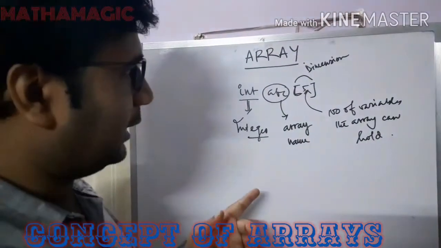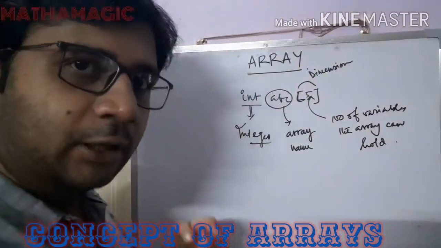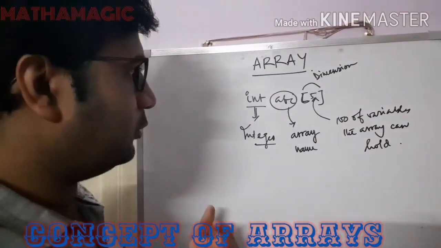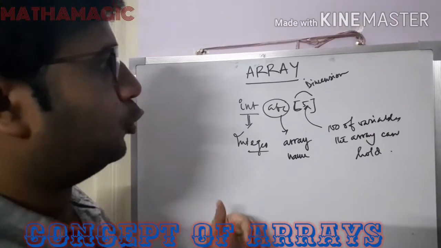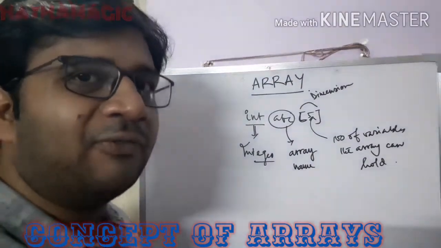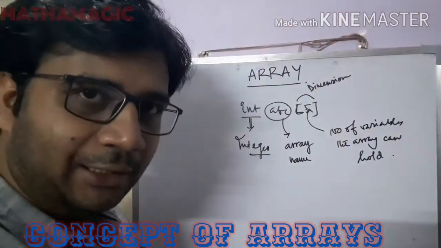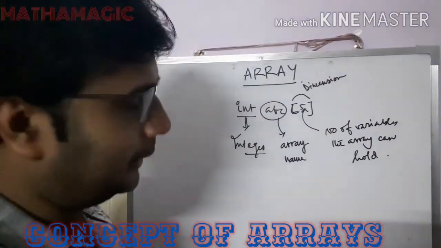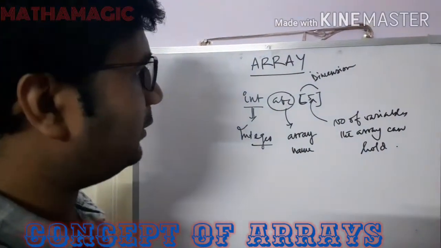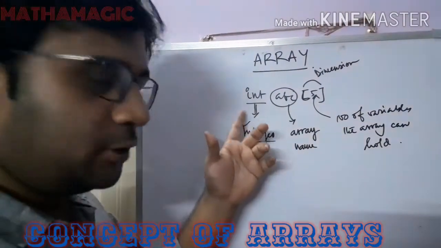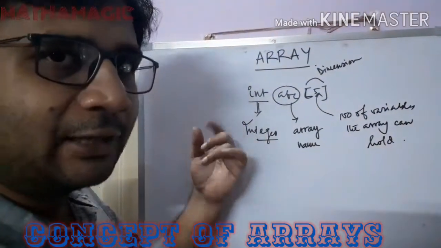I'll repeat it once again: we are communicating with the compiler that we are going to store integer type values in the array we are initializing here. This is why int has been used here. You can use float, you can use char. If you use char, that will become a string.